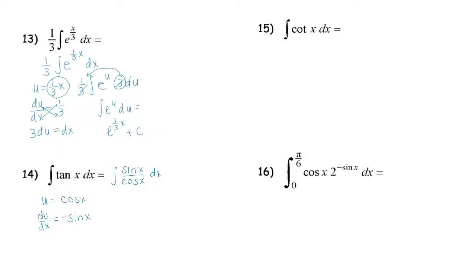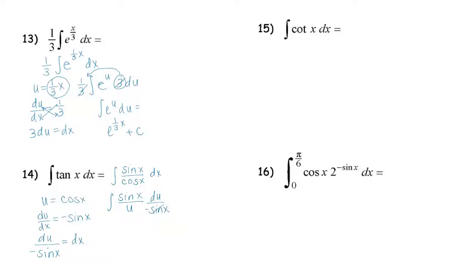And again, solving, we have du over negative sine x. That's going to be equal to dx. And so we're going to come back up here and resub in. So I have the integral, have sine x over u, and dx is du over negative sine x.